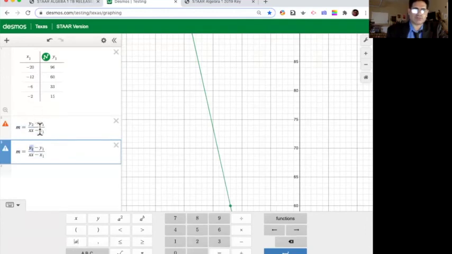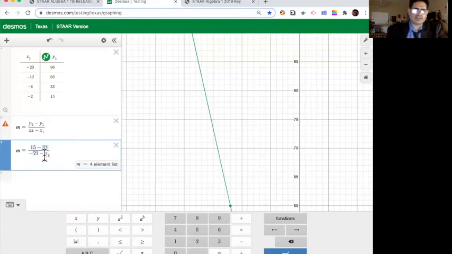Y2, let's get the first Y2 with 15, and 33. X2 is negative 2, the first set. Remember, you just want to take the first set here and the next set here.